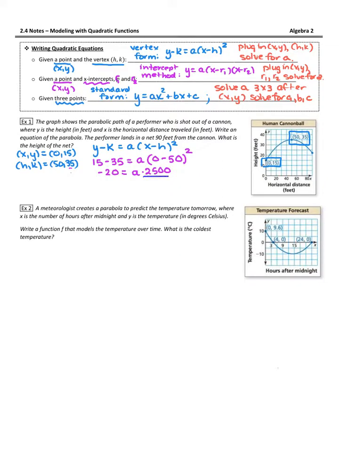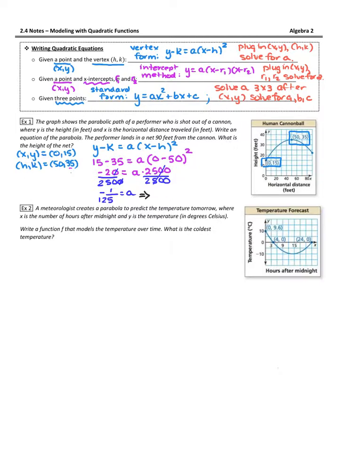So we can solve for a. Divide through. So that is gone. Negative 20 over 2,500 is reducible to negative 1 over 125. That's my a value. And then you put it all together.